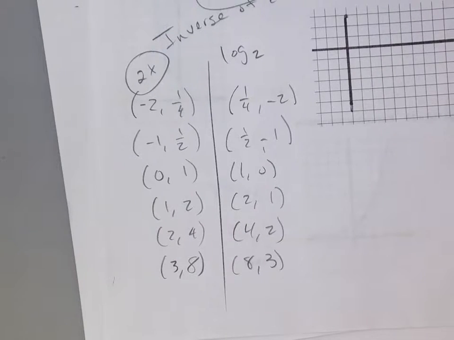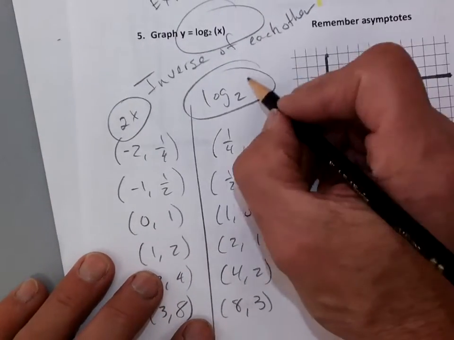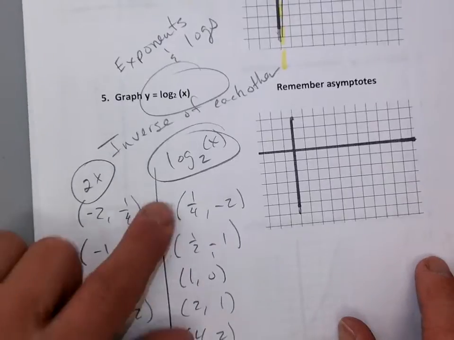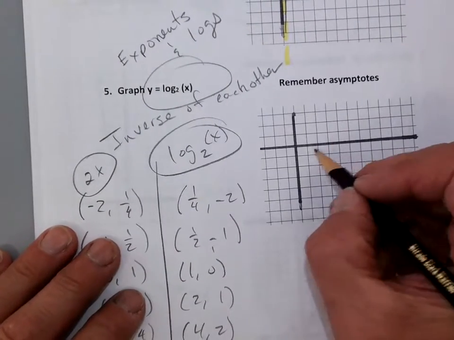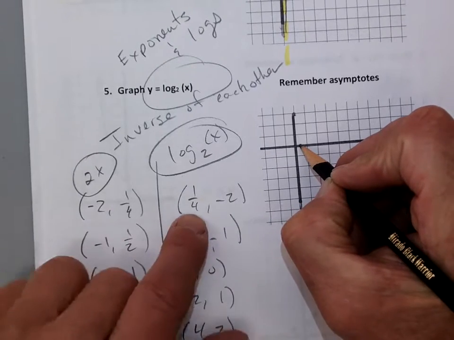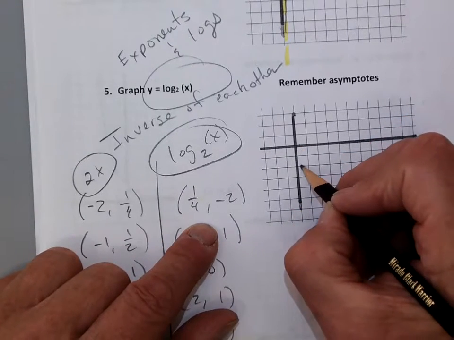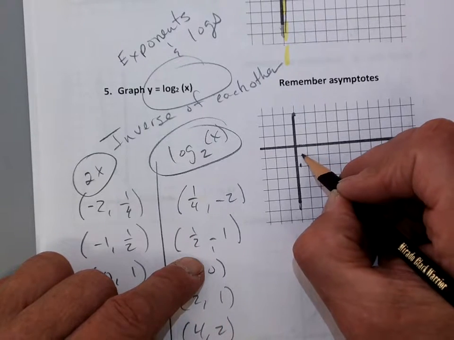Now, let's graph the log graph. We want to graph log base 2 of x. We are going to graph these points. So if I go 1/4 and -2, I go over 1/4 and down 2. I go over 1/2, -1.